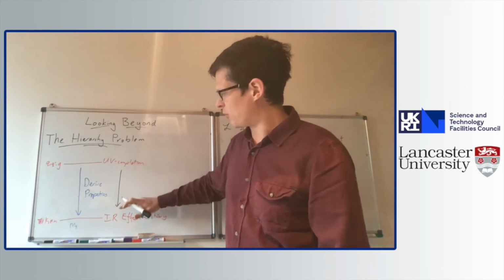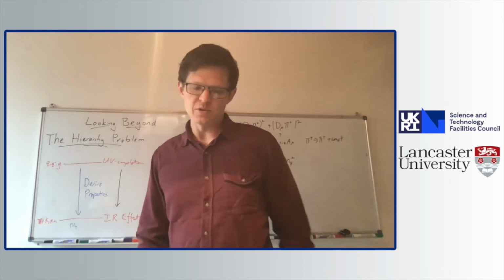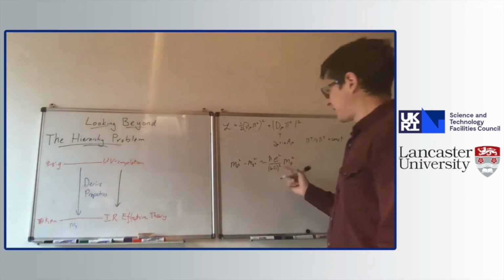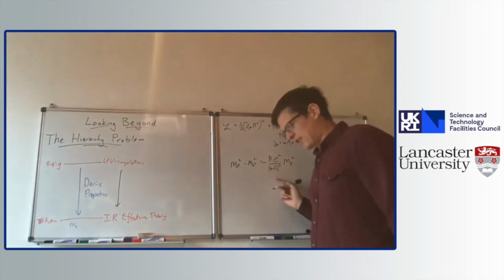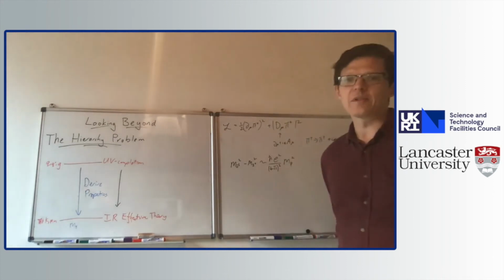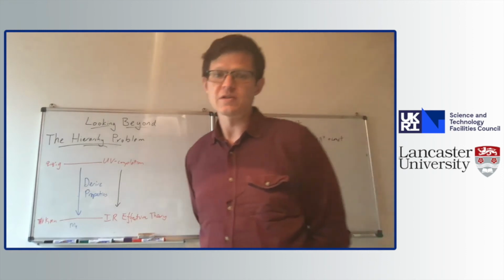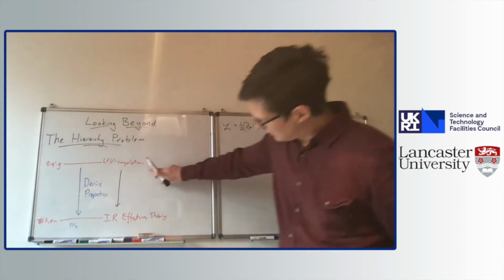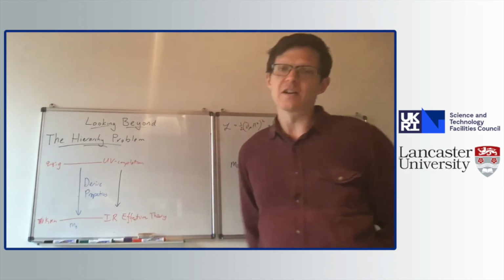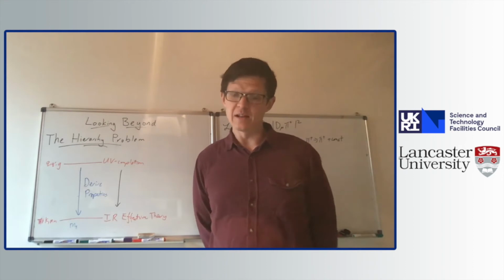There's no way to forbid corrections to the pion masses because they're not protected anymore by Goldstone's theorem. You can estimate them to be of this scale, and this is precisely what happens. You can measure the difference between the charged and neutral pion mass squares, and you get something that scales perfectly like this. And you can even go ahead and do this calculation going from the UV to the IR, and you get the right answer really well, actually.